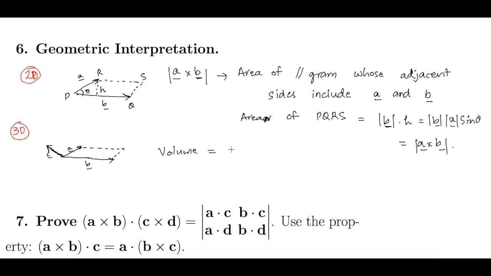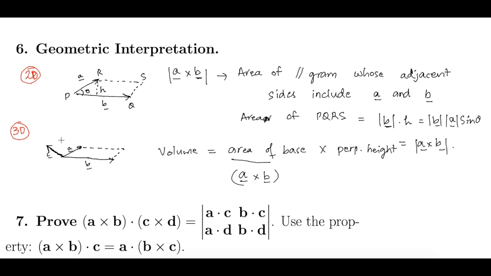So this is equal to the area of the base times the perpendicular height, right? The area of the base we already know, this is equal to A cross B, okay? But what about this height?